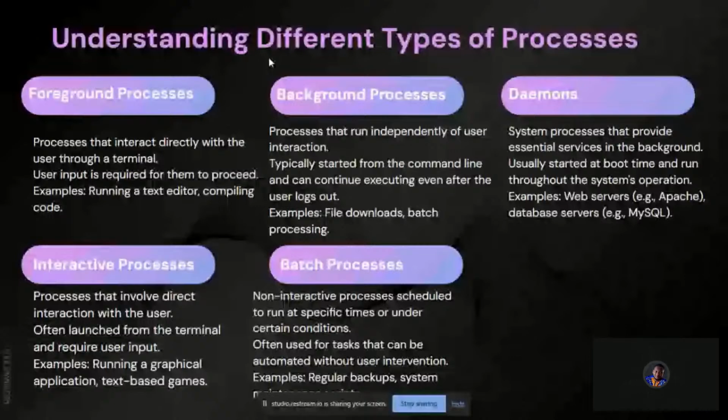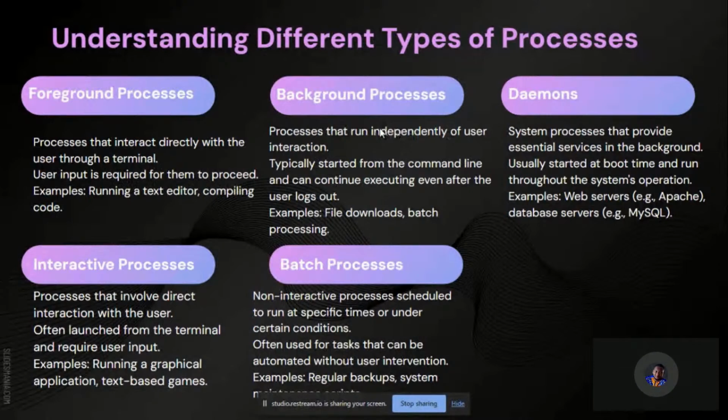A background process. Oh, I think I switched it. So compiling code is actually a background process. We'll get to that. Daemons are system processes that provide essential services in the background, usually started at boot time.